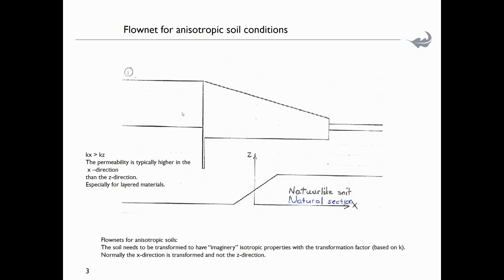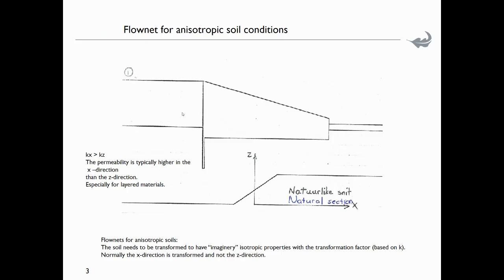Because Kx differs from Kz, with Kx typically being larger, the soil needs to be transformed to have imaginary isotropic properties, with the transformation factor based on the permeability. And normally we transform the x direction and not the z direction.